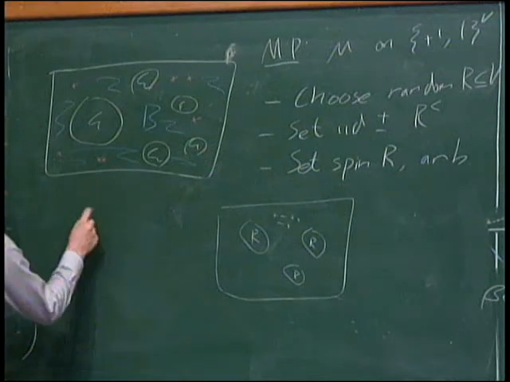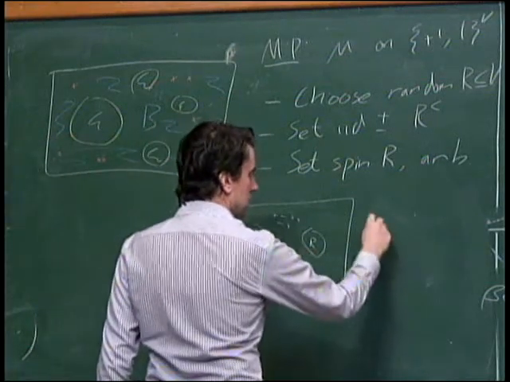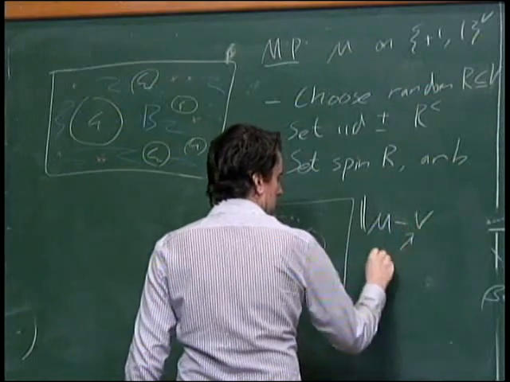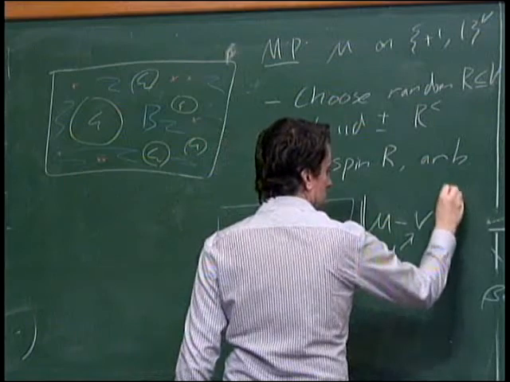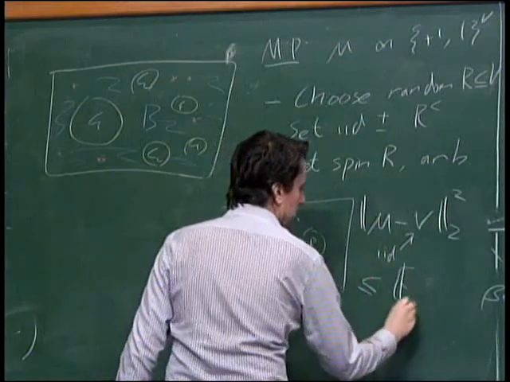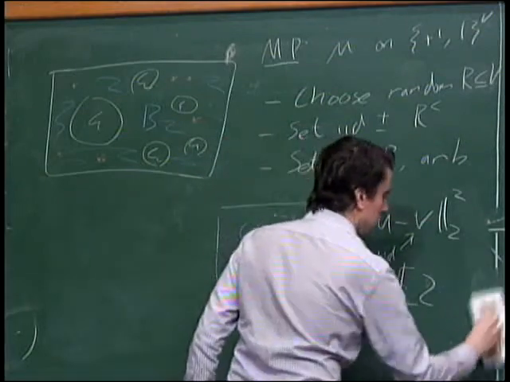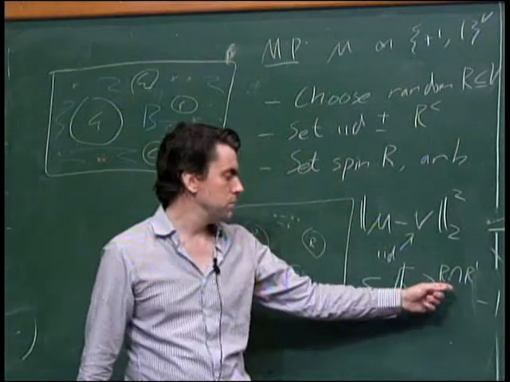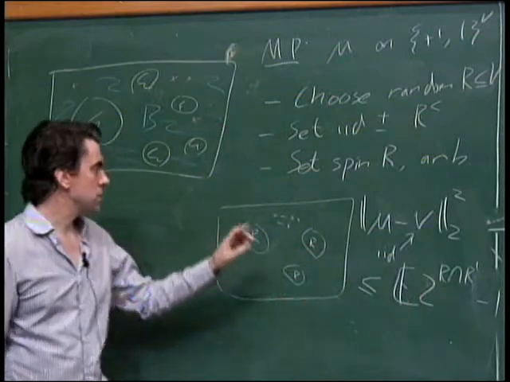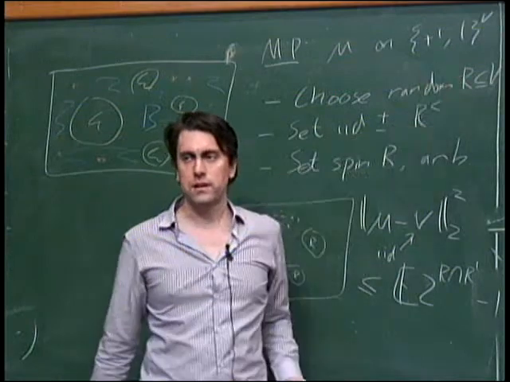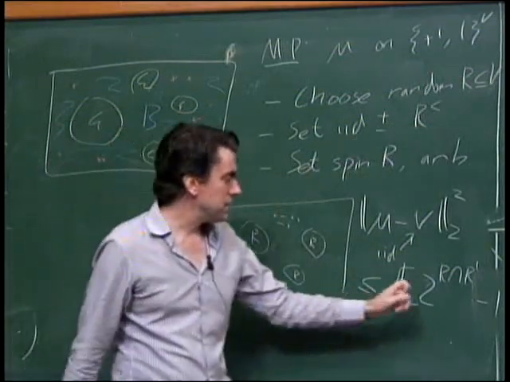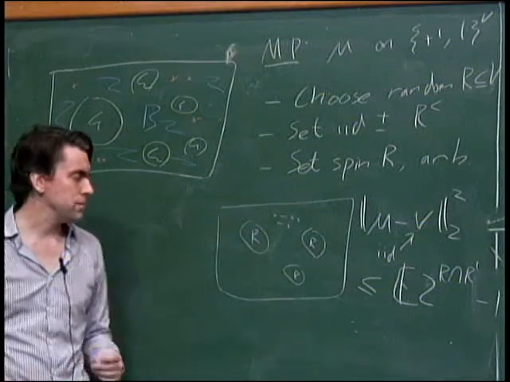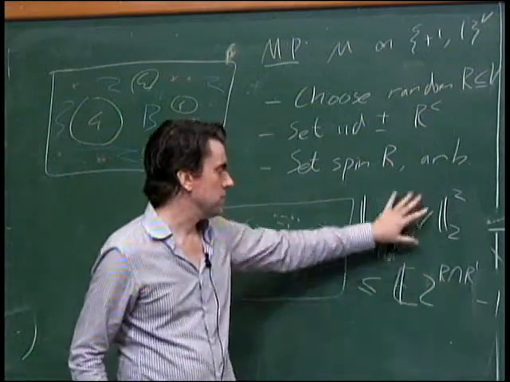The result they came up with was that the L2 distance between mu and nu, where nu is just the IID measure, squared, is less than or equal to the expected value of 2 to the size of R intersect R prime, minus 1, where R and R prime are two independent copies chosen from this distribution on sets R. So what it's saying is that if R isn't too big, and if it's not in the same place too much of the time, then you can get a bound on the L2 distance.